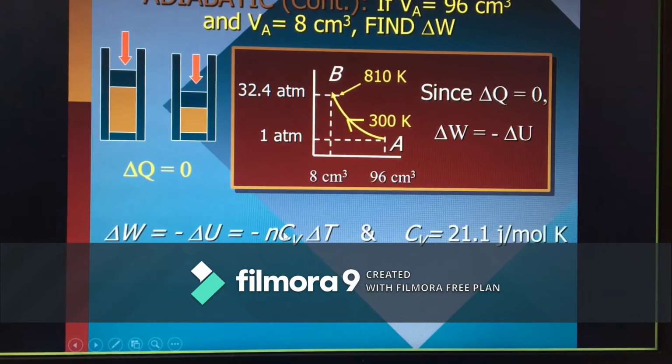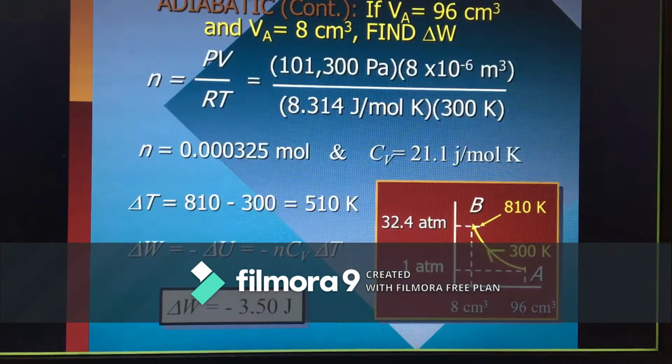And we know that 21.1 is the molar specific heat of, what gas is this?